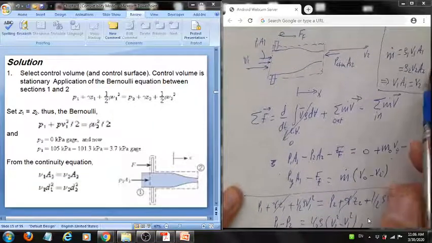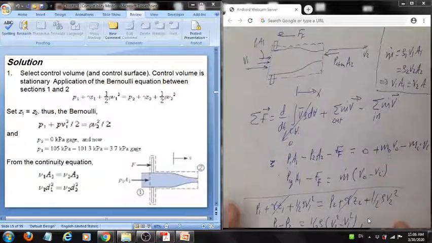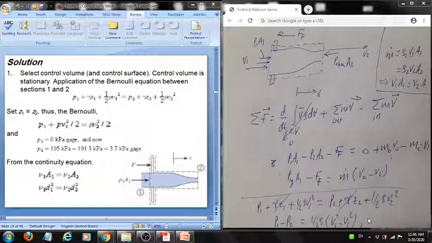But we recognize from this equation that V1 is equal to V2 A2 over A1, where A2 is pi over 4 diameter squared, which is 0.011 square millimeter.